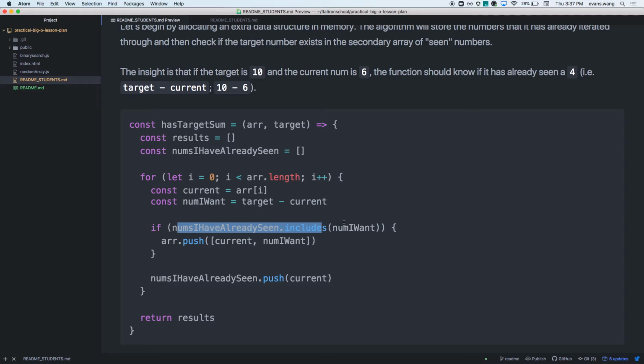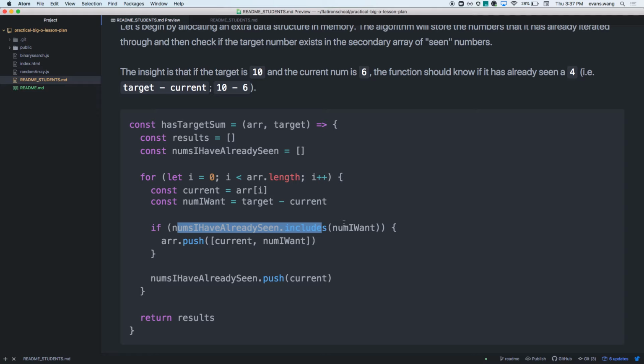What's the issue with this? Isn't that just checking it again? Includes is an iterator, meaning I have to go through all the items to see if it's the item that I want, which defeats the purpose because of the way the lookup works and the O of n time on an iterator like includes.